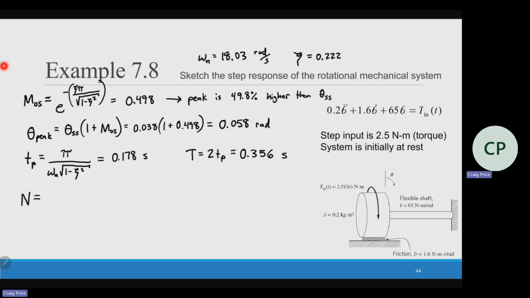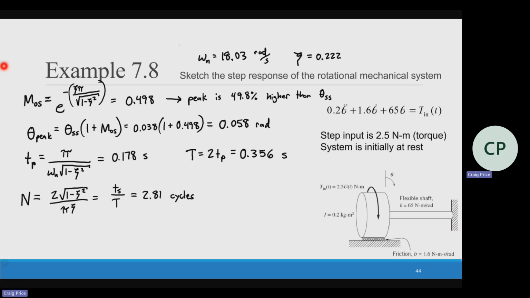So, and we have this equation here, which is 1 minus this over pi damping ratio. This is also the same as settling time over the period. So if I take 1 divided by 0.356, that's just 2.81 cycles. That's how many cycles we're going to hit before we reach steady state.